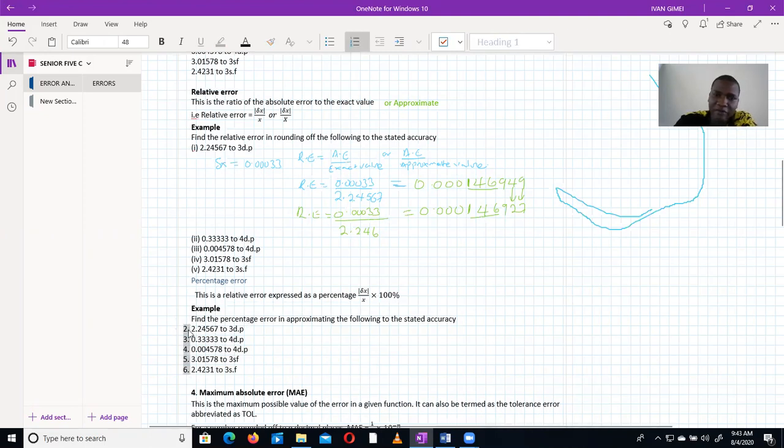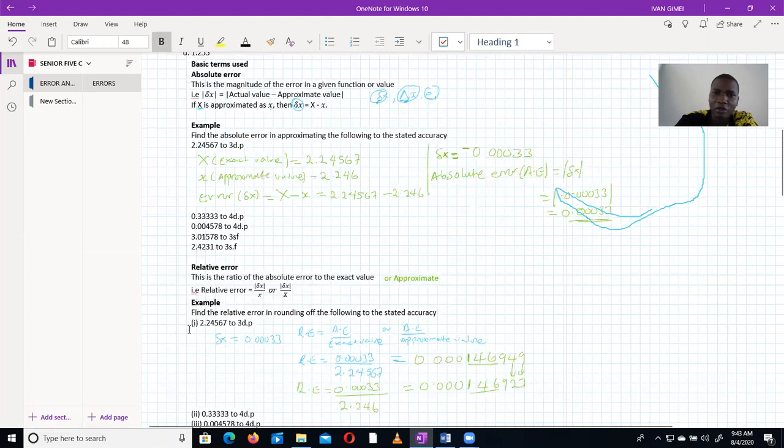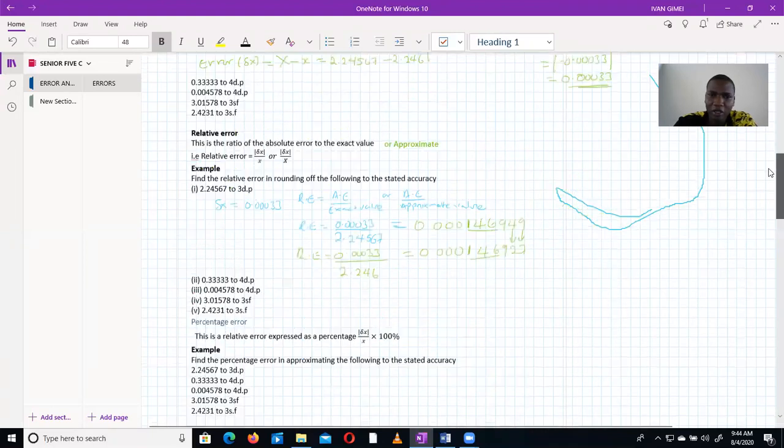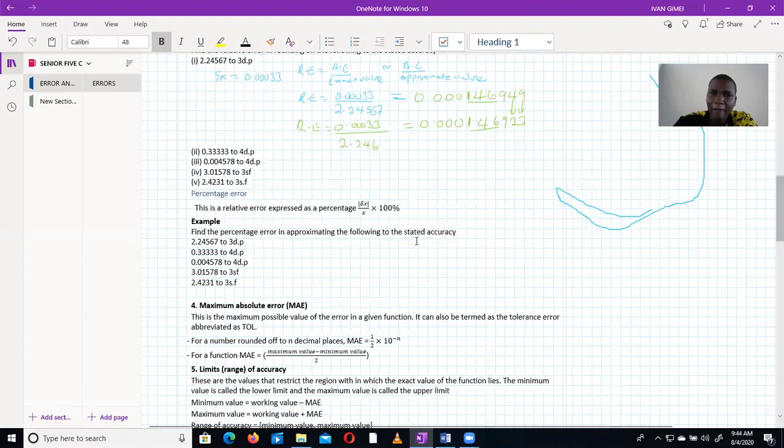So in simple terms, to find percentage error, you get relative error and multiply by 100%. Or you get absolute error divided by the exact value, or absolute error divided by the approximate value, then multiply by 100%. That will give you the percentage error.